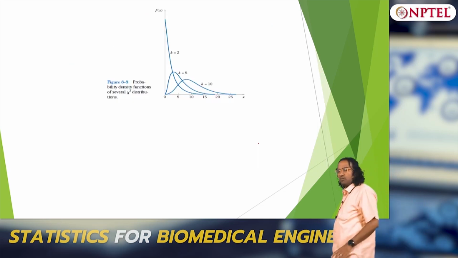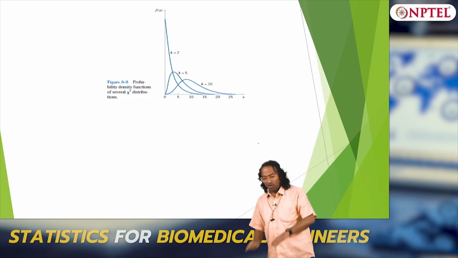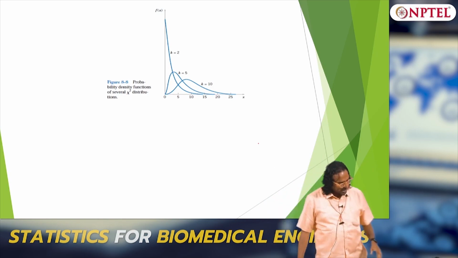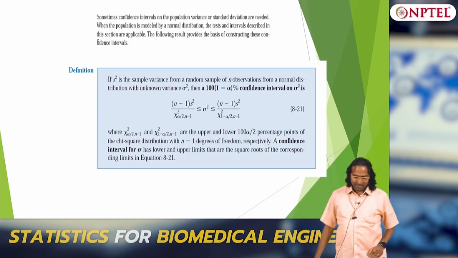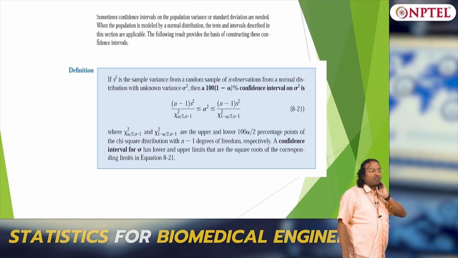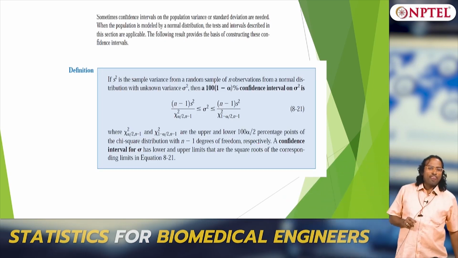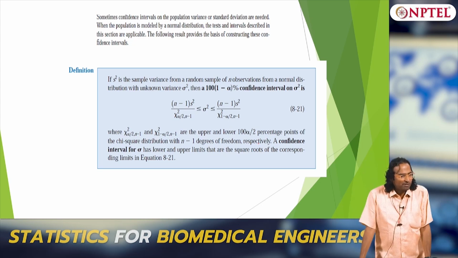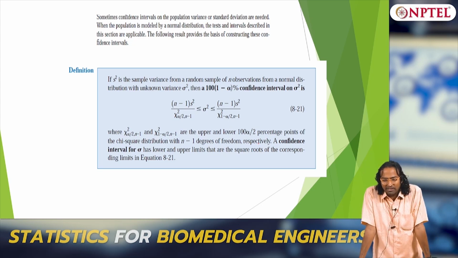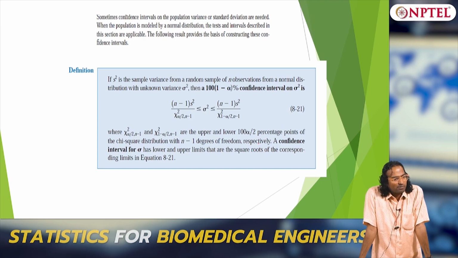Okay. Now, before I conclude the class, the last bit I want to say, we will repeat in the next class. We will also need to give a confidence interval for what? Do we give a confidence interval for mu or x bar? What did we give a confidence interval for?